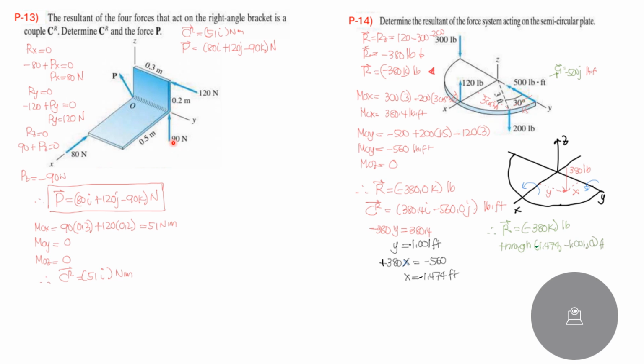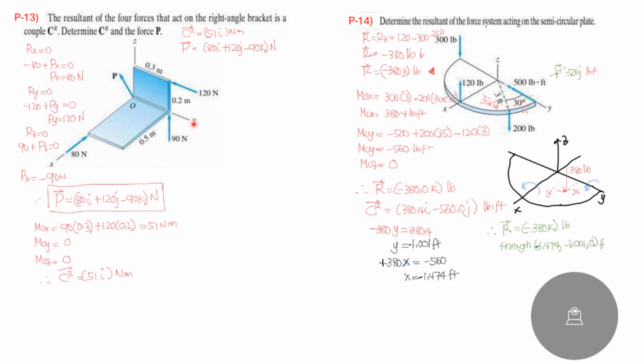The 90, this is the positive sense of moment, so it is positive 90 times 0.3. The moment of 120 about the x-axis also is positive in that sense. So plus 120 times 0.2. So it is equal to 51 newton meter.